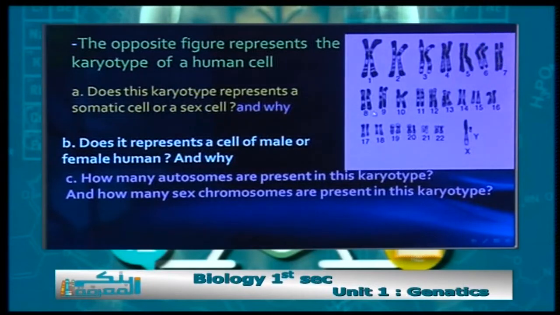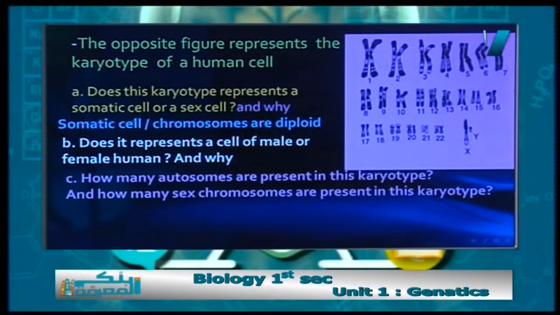When you look at the diagram, you will see the chromosomes in pairs. That means it is somatic cells. Why? Chromosomes are diploid in number. Second point, does it represent a cell of male or female human, and why?